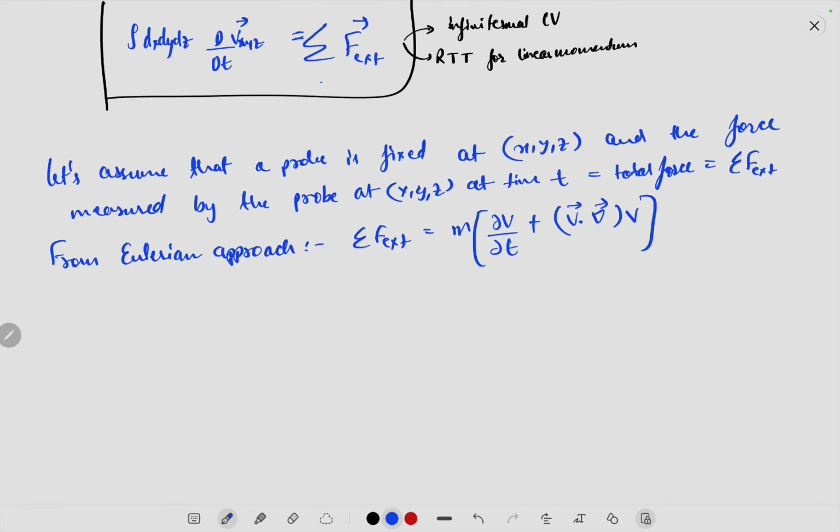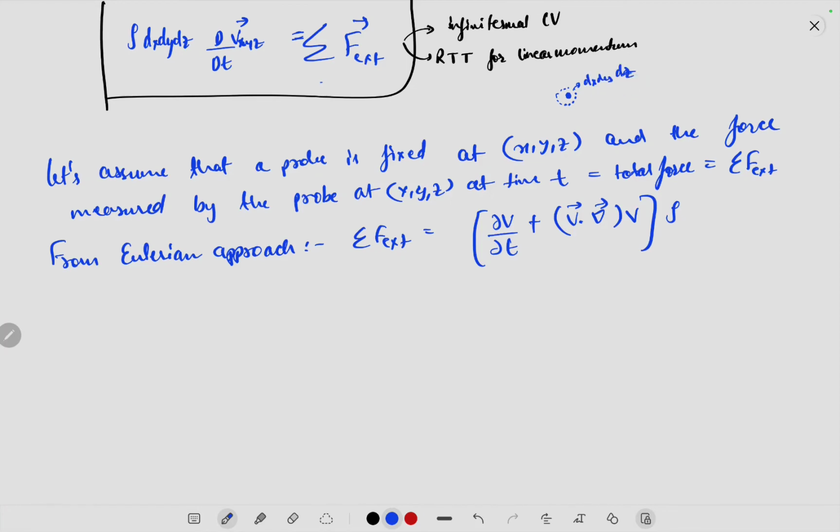Okay, and let's say at that point the mass is rho times, so let's say this is our probe and this is the volume element with volume dx, dy, dz.